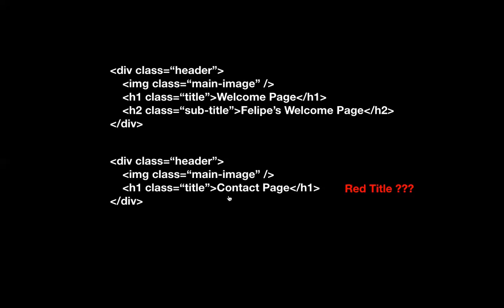An approach you could think of is changing the CSS styling for the title. But if you change the styling, it's going to affect all other headers. Another thing you could do is add another class to it so that it affects just this element. But what would you call it?